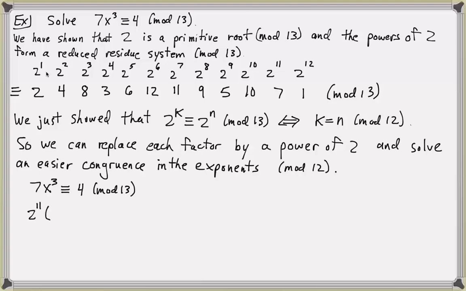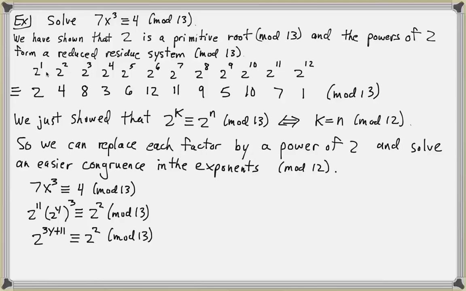And x, I'm going to rewrite x as 2 to the power y. We don't know which residue is congruent to x, so I'm going to write it as 2 to the power y. So 2 to the power y cubed. And 4 I'm going to replace with its power of 2, which is 2 squared. Then this becomes, on the left-hand side, 2 to the power 3y plus 11 is congruent to 2 squared mod 13.